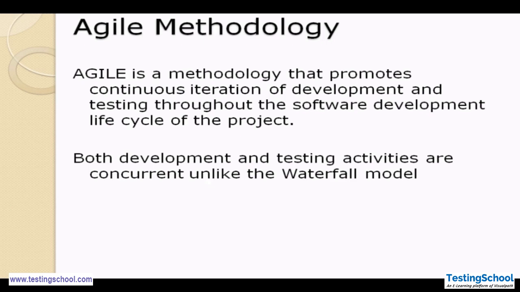Here, development and testing are both linked with each other. Once any particular functionality is taken into the middle of the cycle and the developers have developed it, then the tester has to test that particular user story or functionality in that sprint only.